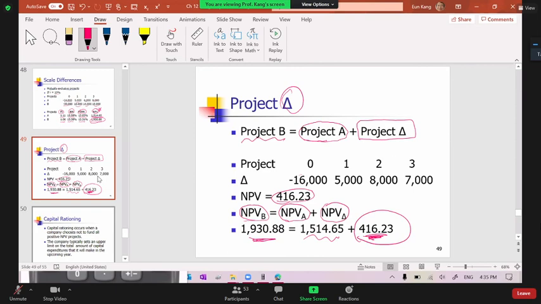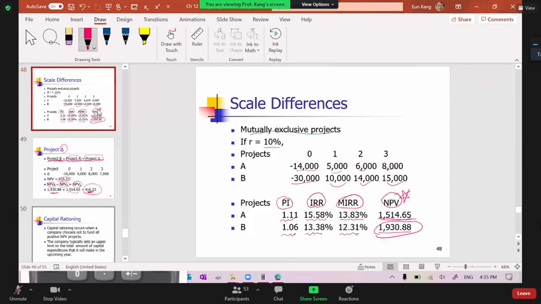Professor, in this example you use B minus A, so project delta is B minus A. Exactly. A is bigger than B? No, B is smaller because it's negative 30,000, smaller than A. No, this is an investment.